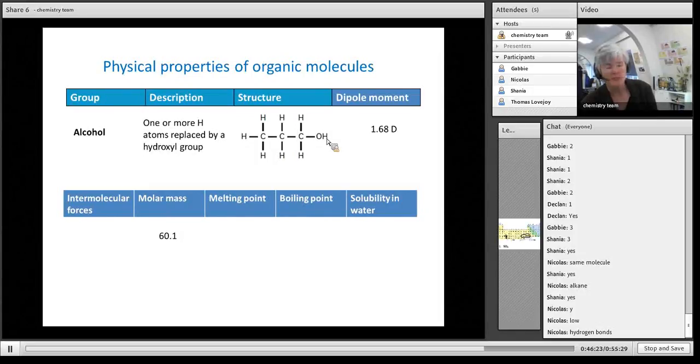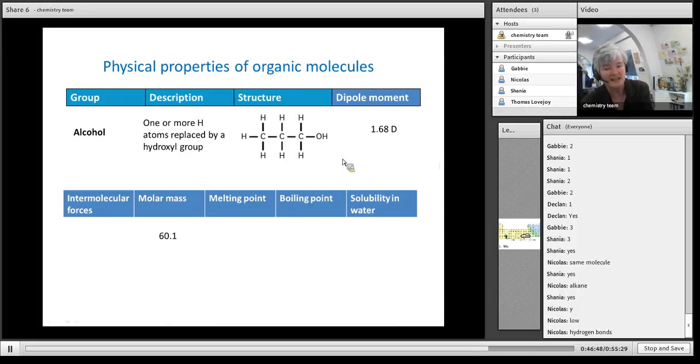Hydrogen bonding. And you get hydrogen bonding when you have a hydrogen covalently bonded to an oxygen atom. That gives it the potential to hydrogen bond. This is not the hydrogen bond itself. The actual hydrogen bond is when this pretty naked hydrogen atom gets attracted to the oxygen of another alcohol molecule.